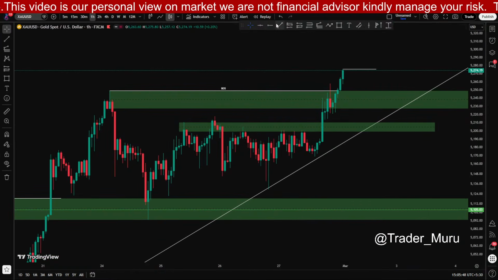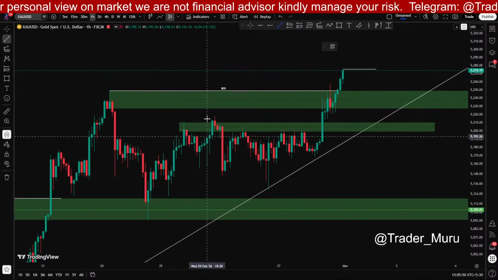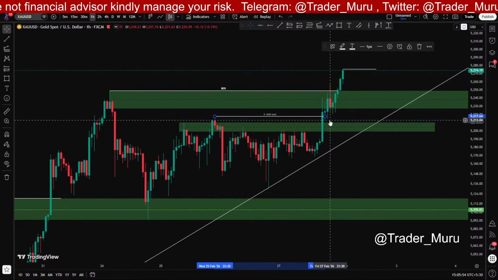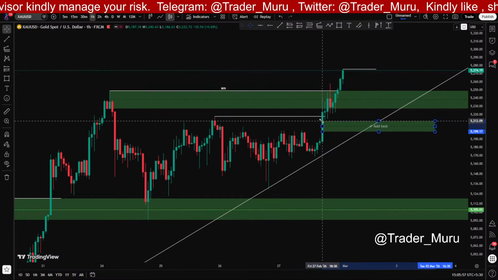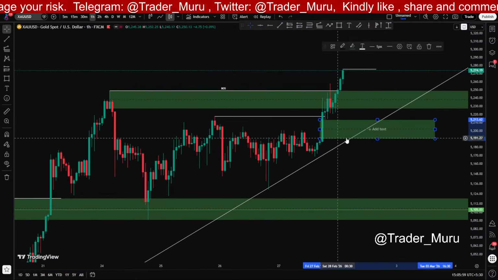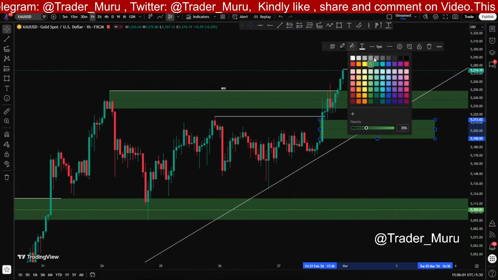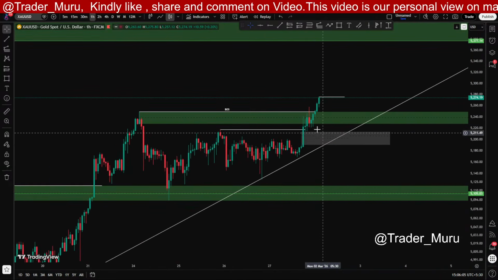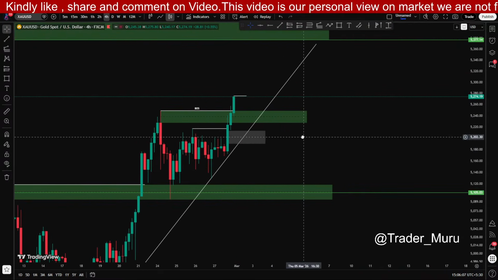In 1 hour time frame, we have a recent breakout structure, which is this one, and it has already been tested. The final area for the pump will be this FVG. This is the FVG in 1 hour time frame and 4 hour time frame.